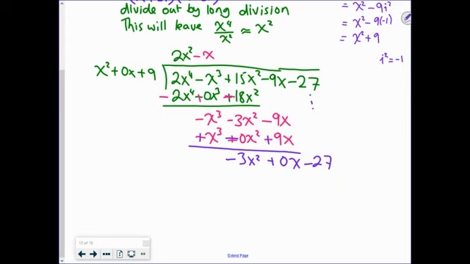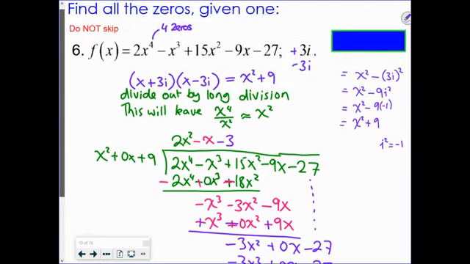That's this one coming down here, and divide that by x squared. That gives me minus 3. Multiply it back. Awesome. And when you subtract that, you're going to get a remainder of 0. Those lines are the same. So we've got 2x squared minus x minus 3.